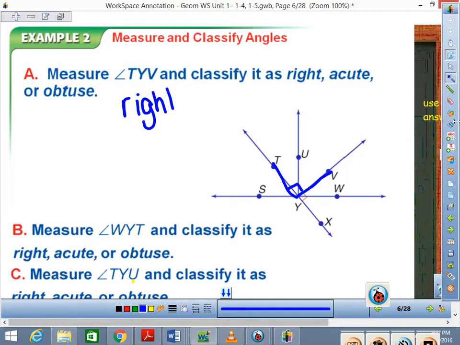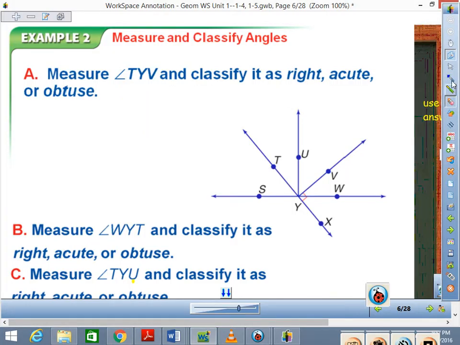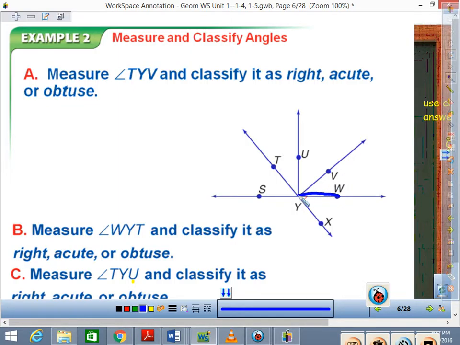So then let's find out what the next one says. Measure angle WYT and classify it as right, acute, or obtuse. Well, we're not going to measure it, we're just going to look at it. So WYT. What do you think?